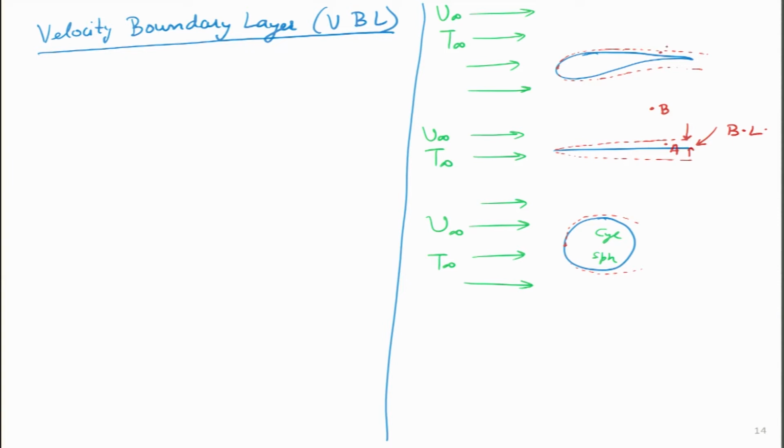The same thing is happening for the aerofoil, and maybe the same thing is happening for the cylinder as well. What we will learn from this slide onward is what exactly that difference is.